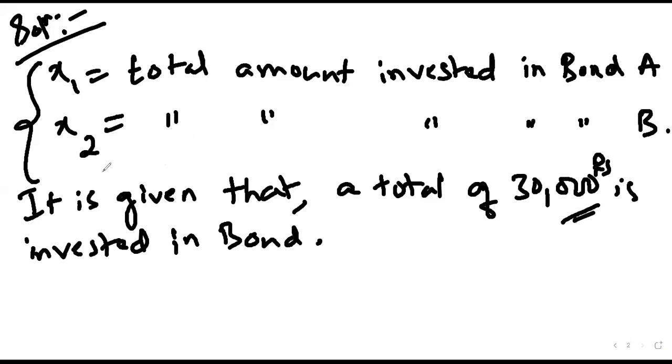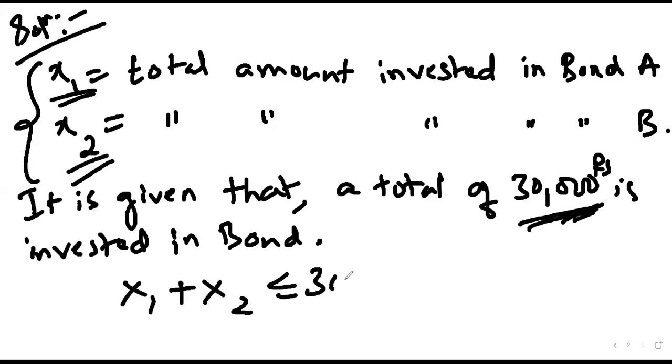Total amount invested in bond A is X1 and total amount invested in bond B is X2. Total amount invested is 30,000. Can we formulate an equation for this? X1 plus X2 less than or equal to 30,000.